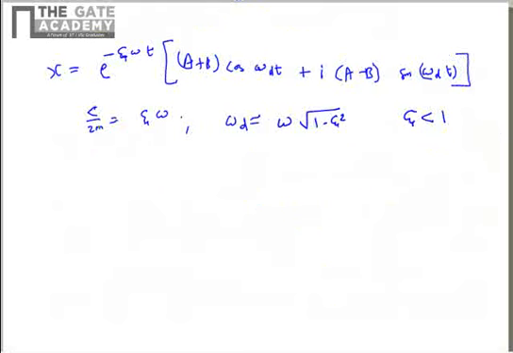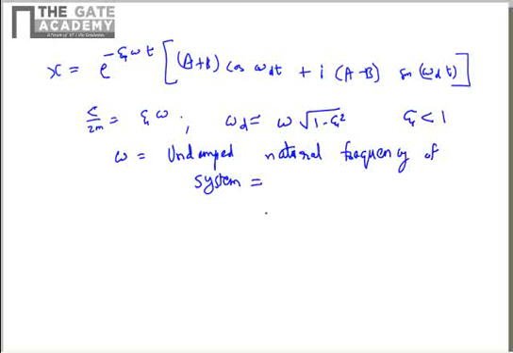We'll write our pre-learnings here: the equation for the motion in terms of cos and sine function, where c by 2m is v omega, and omega is the undamped natural frequency of the system, equal to square root of k by m, and v is the damping constant divided by critical damping, called the damping ratio, and it is less than 1 for the underdamped case that we are considering here.